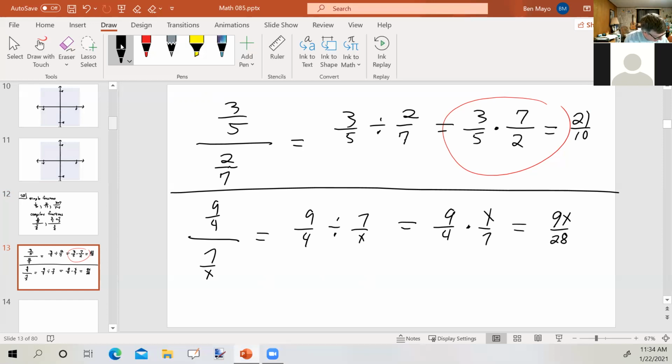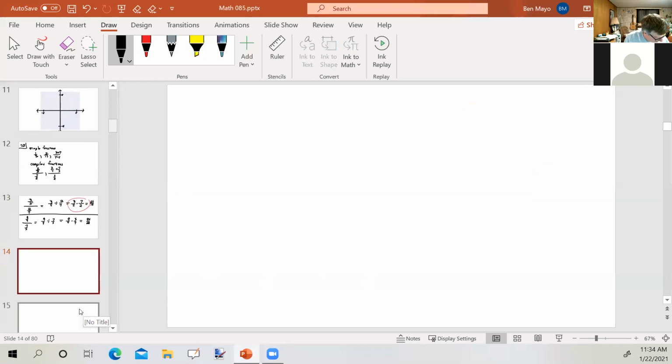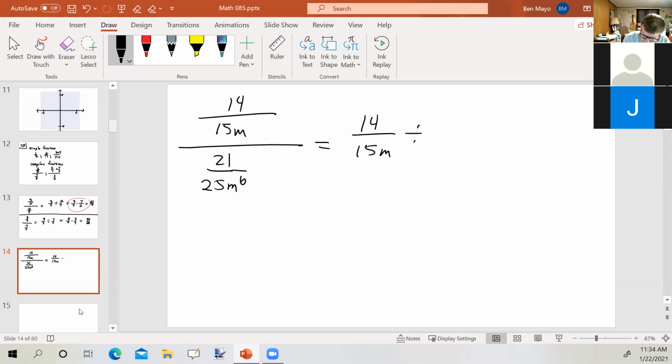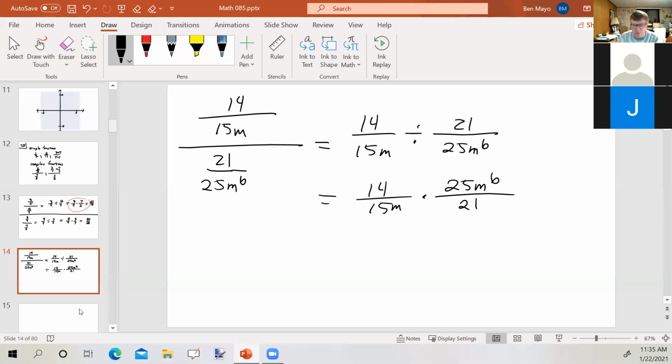Okay, let's take a look at some slightly more complicated but same idea kind of problems. Let's say we've got 14 over 15m, all divided by 21 over 25m to the 6th power. That would be equivalent to 14 over 15m divided by 21 over 25m to the 6th power. But that's equal to 14 over 15m times the reciprocal, which would be 25m to the 6th over 21.